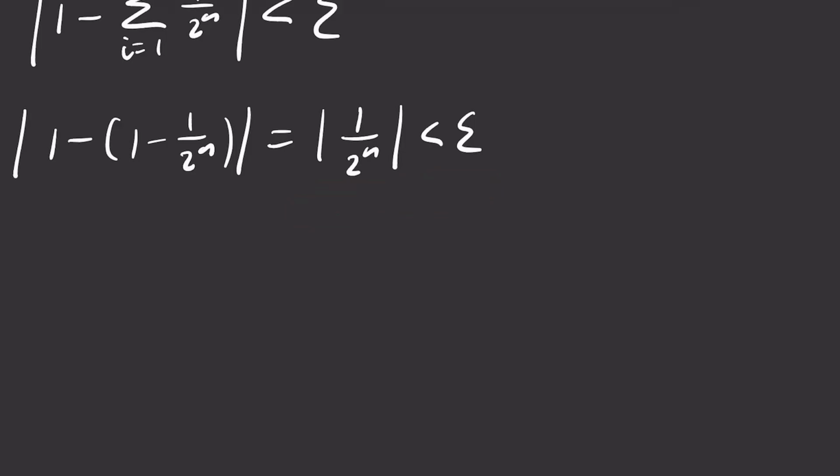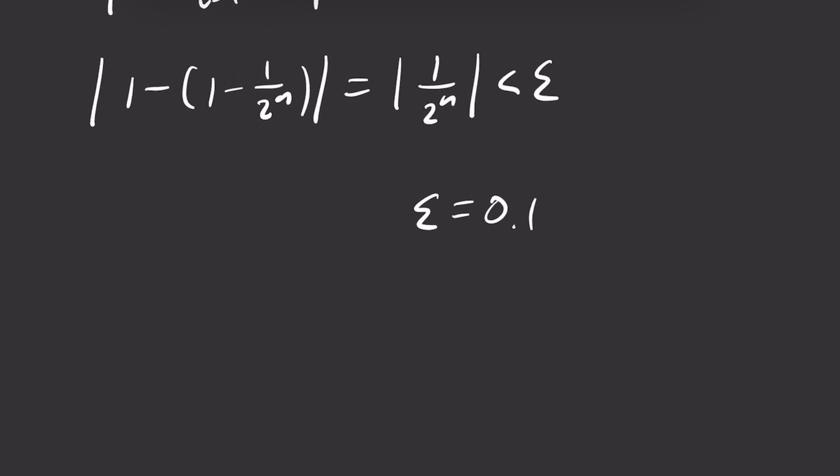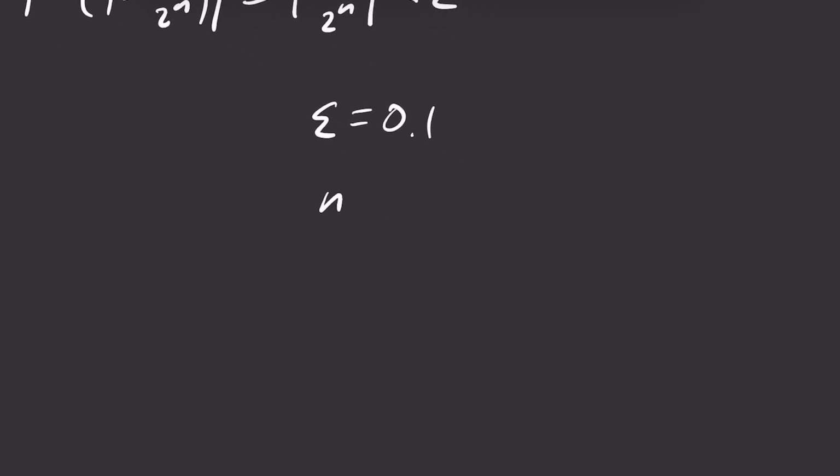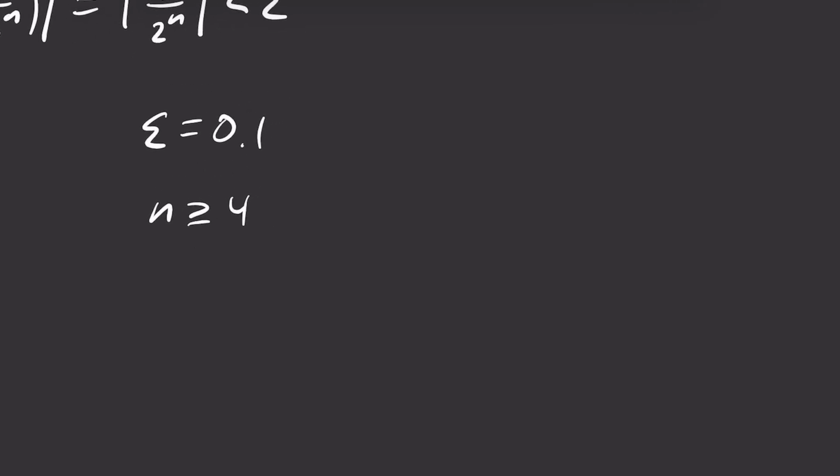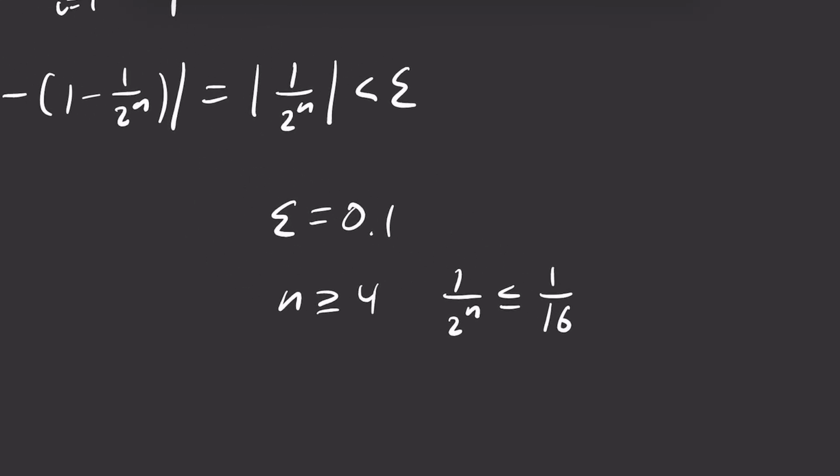So if I have epsilon equals, say, 0.1, I can pick an n greater than or equal to 4. So if I let n be greater than or equal to 4, then 1 over 2 to the n will be less than or equal to, not 1/4, sorry, 1 over 16, which is less than 1/10, right? So this is 1/10.